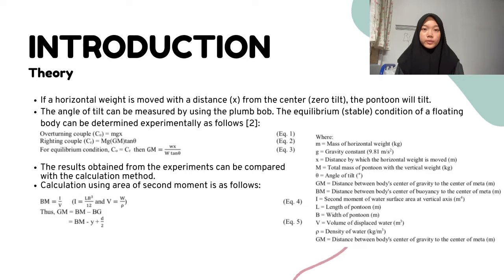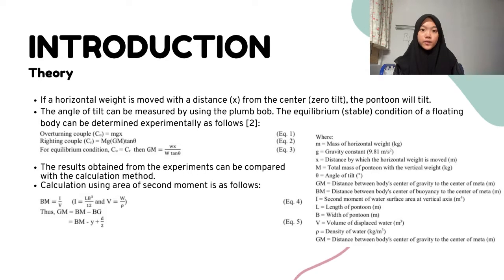So for equilibrium condition, C0 will be equal to CR, then GM is equal to wx over capital W tan theta. Then we could compare the results obtained from the experiment with the calculation.